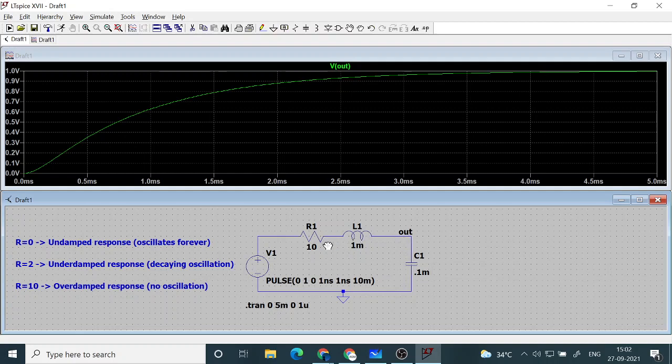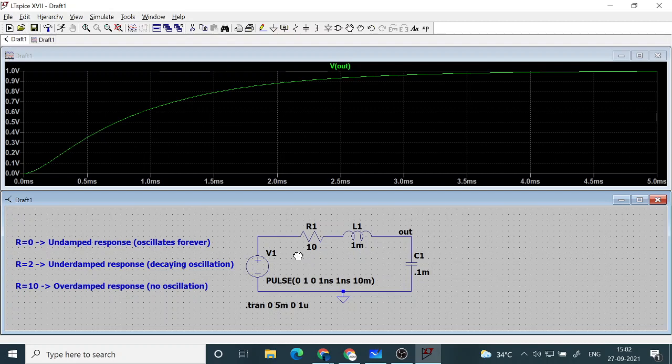Now when you reduce R to 0, you are basically removing the energy wasting device or component from the circuit. The component which is removing energy from the circuit is removed. So whatever energy was there in the source, there is nowhere it is getting removed.